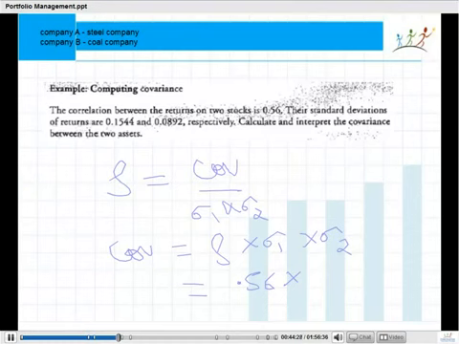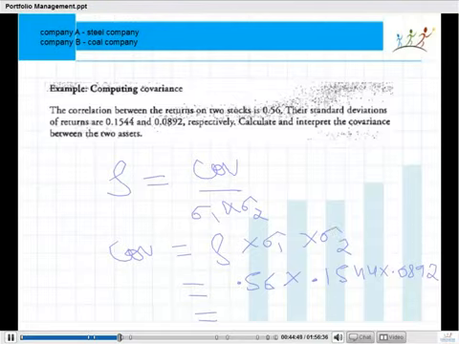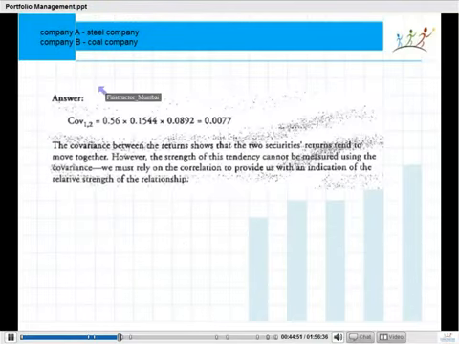The standard deviation of 1 is 0.1544. The standard deviation of the second is 0.0892. So the covariance between the two assets can be derived from this formula. It comes out to be 0.0077.